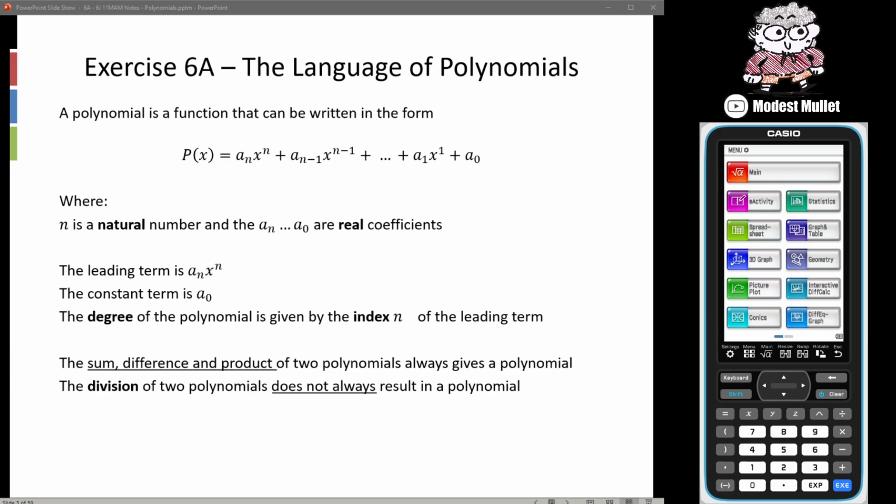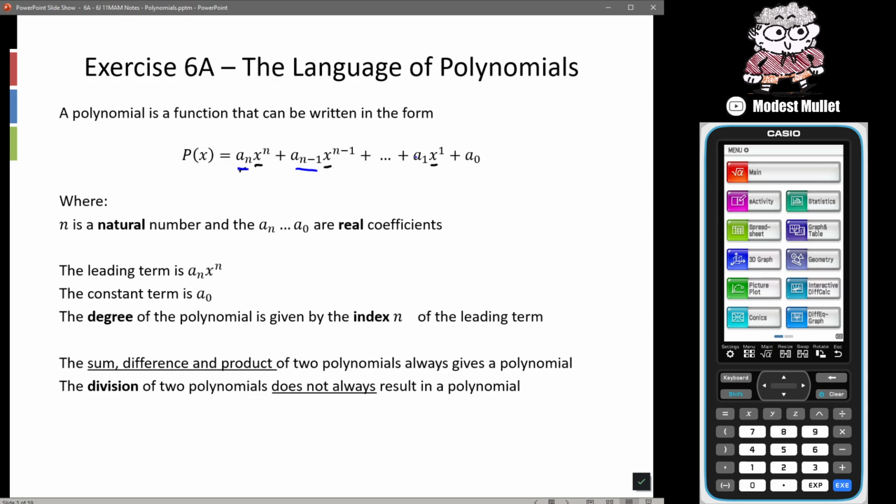Now a polynomial is defined as a function, as it says there, where p of x is equal to what looks like that really complicated expression. All that is actually saying is that we have a bunch of x variables, where it's a function of x, that have some other coefficients.